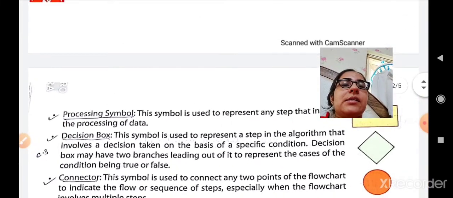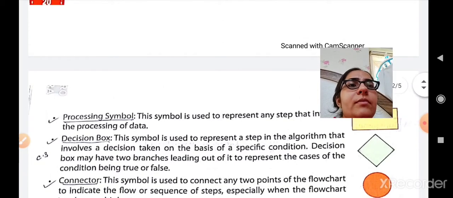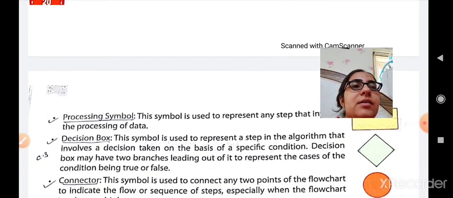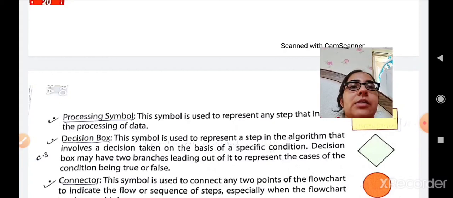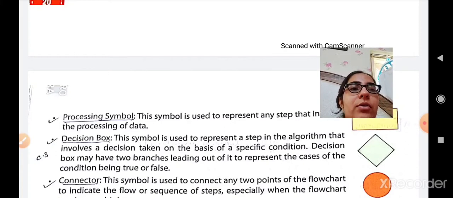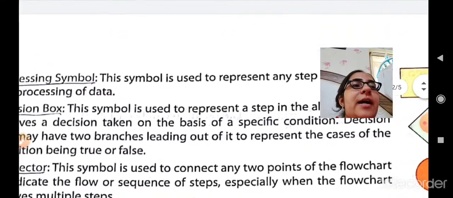Okay, next is the decision box. This symbol is used to represent the step in the algorithm that involves a decision taken on the basis of a specific condition. A decision box may have two branches leading out of it to represent the cases of the condition being true or false. So why is this decision used?